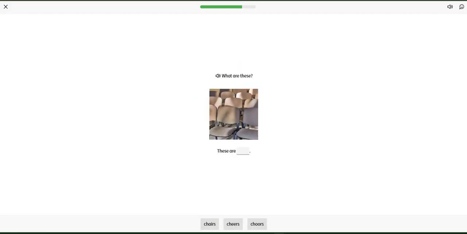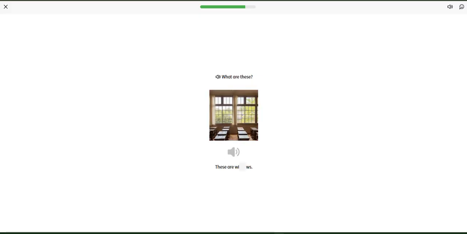What are these? These are chairs. These are posters. These are windows. These are desks.